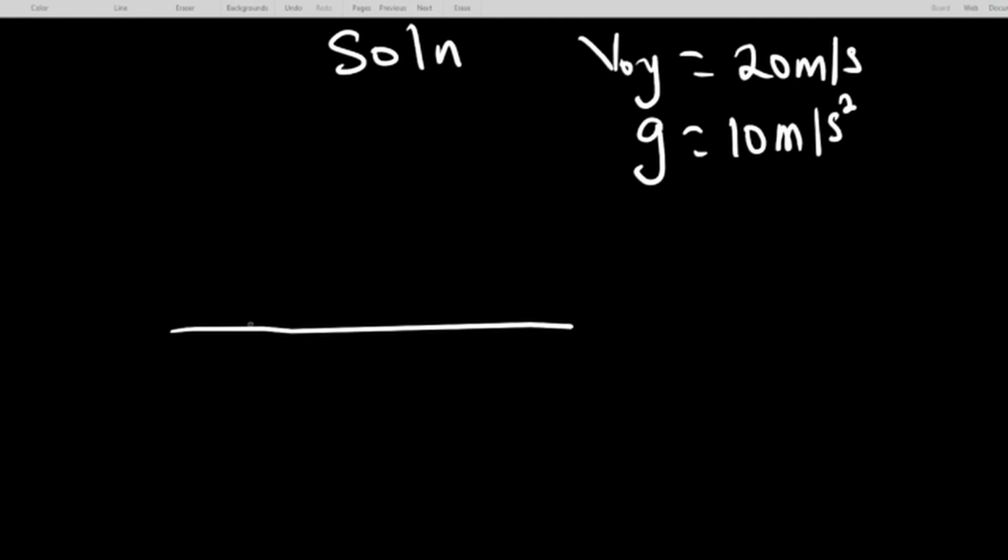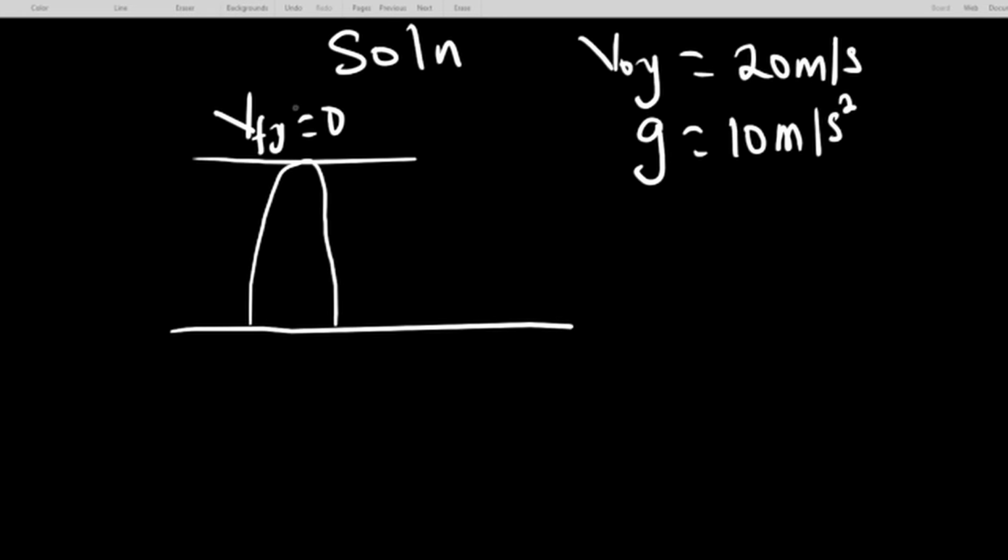Whenever you're asked how high it's going to go, you're basically being asked to find the maximum height. One other thing you need to know is that at the maximum height, the final velocity in the y direction is always zero.